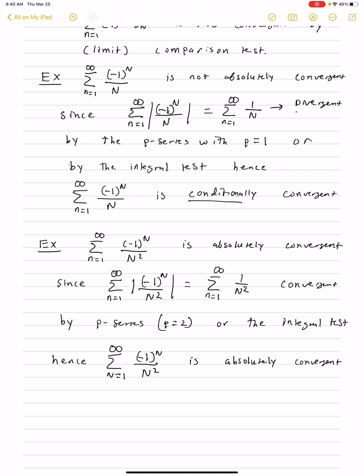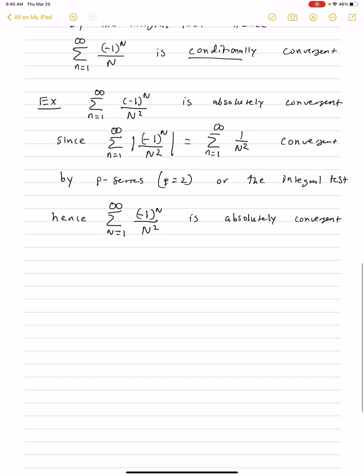Okay. Now, there's one more thing that I like to talk about for the alternating series, and this only applies for alternating series. And this is an estimation. So this is the alternating series estimation theorem.